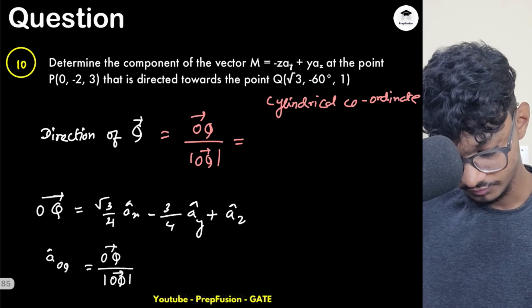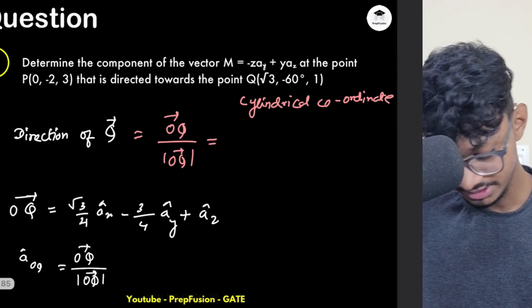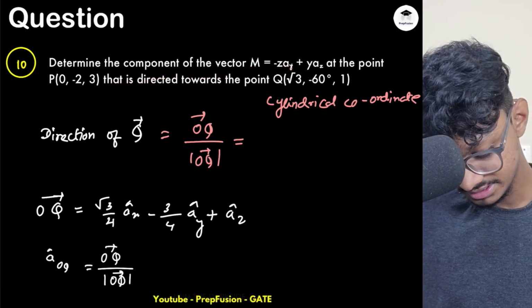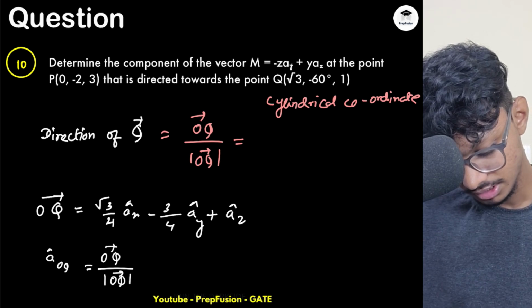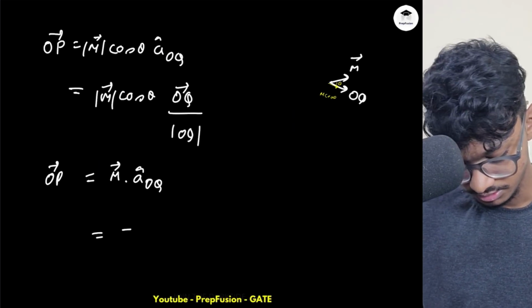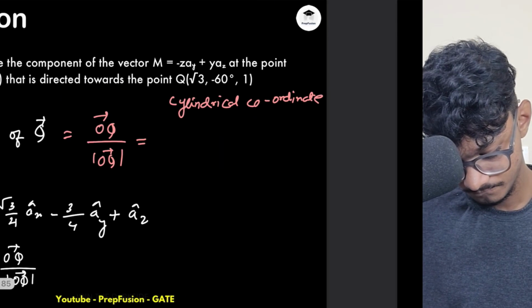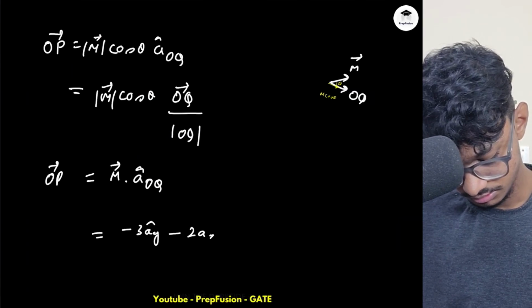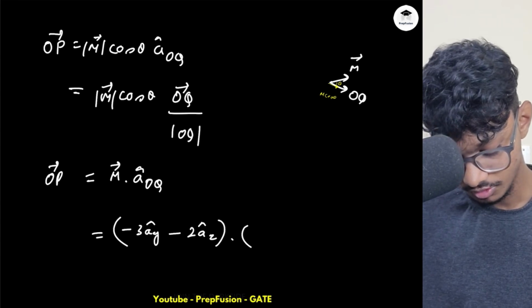This is the homework for you to compute. I will not compute it because that will take us time. What is the M vector? The M vector is this, and I have to put the points as well. So x is 0, doesn't matter, z is 3, so minus 3 ay and minus 2 az, dot aOQ.